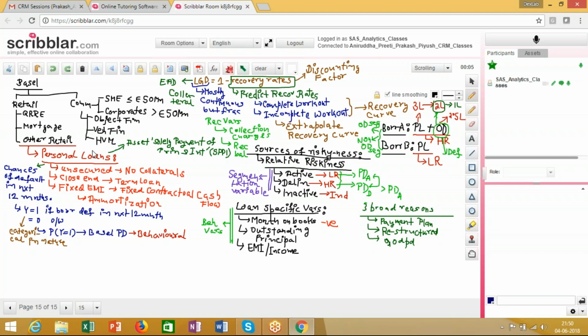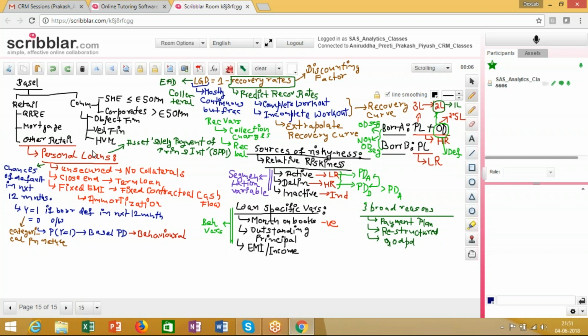So these are the two broad lending books that Basel has, and we have seen that for each of these portfolios there are three core models which are developed. One is the probability of default model. The second is the loss given default model. The third is the exposure at default model.